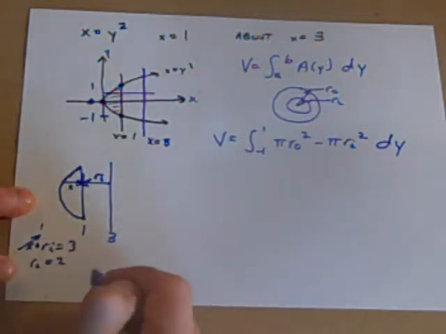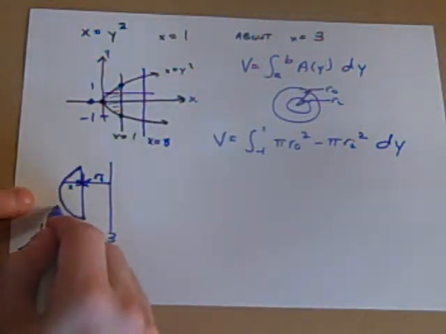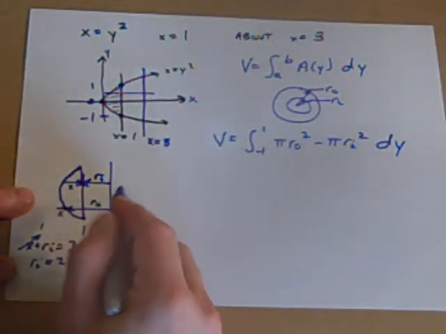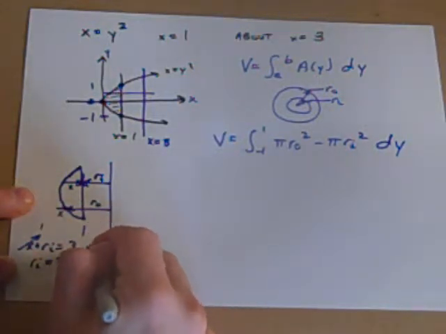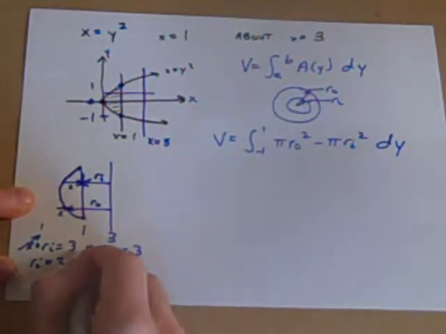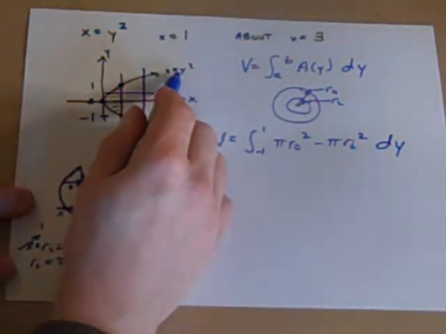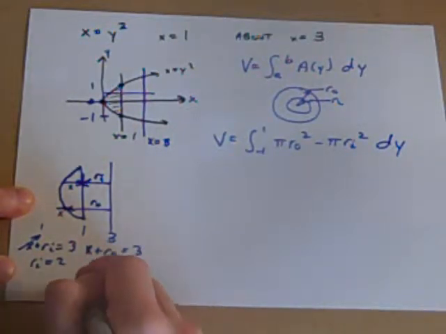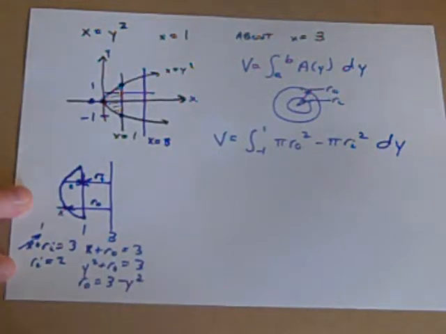This mindset helps us a lot with the next one. Here is x again, here is R_o. This time I have x plus R_o equals 3, but x is equivalent to y squared. So y squared plus R_o equals 3, so R_o equals 3 minus y squared.